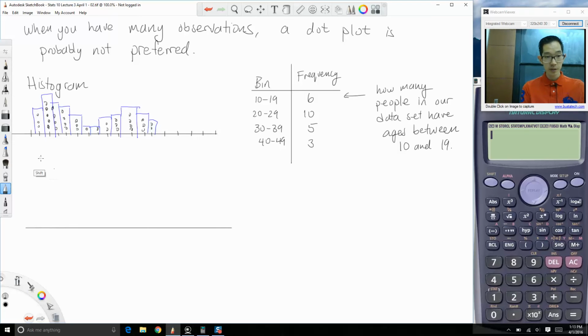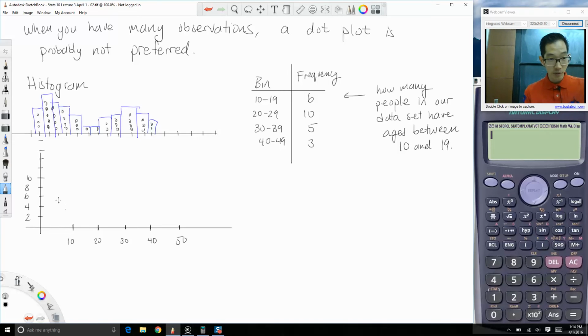And so in this thing, we would have a histogram with bars at 10, 20, 30, 40, and 50, and then we would, all right, we'll just do 2, 4, 6, 8, 10.